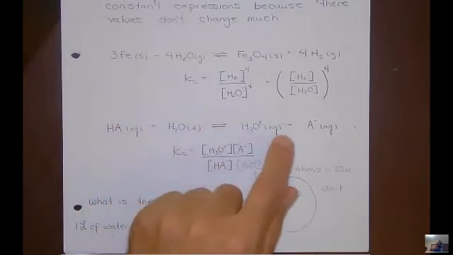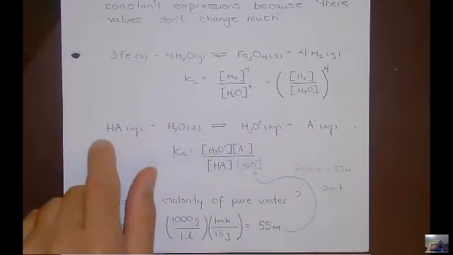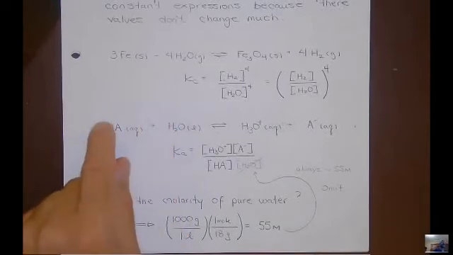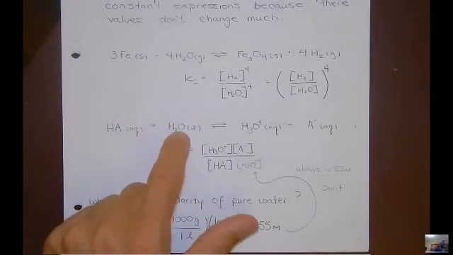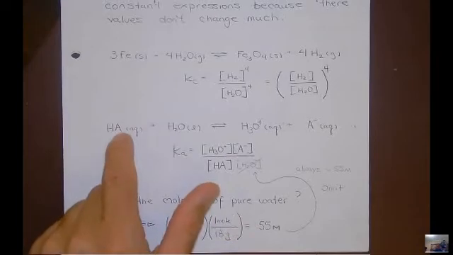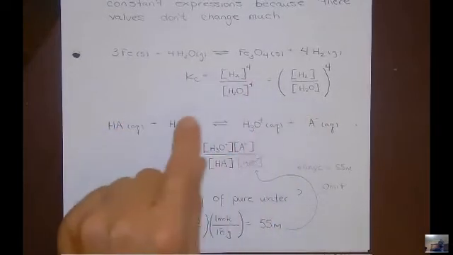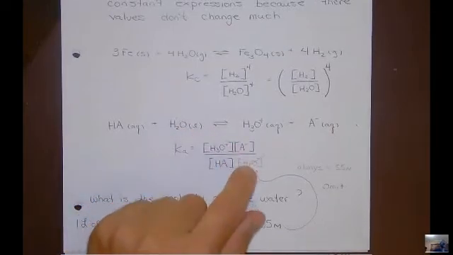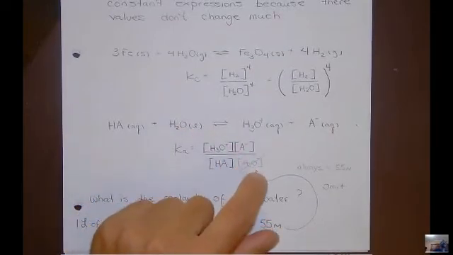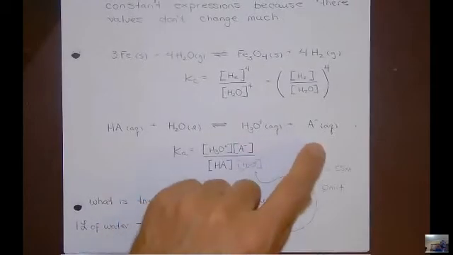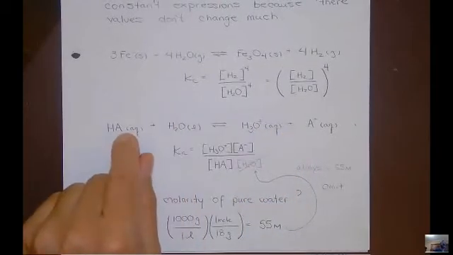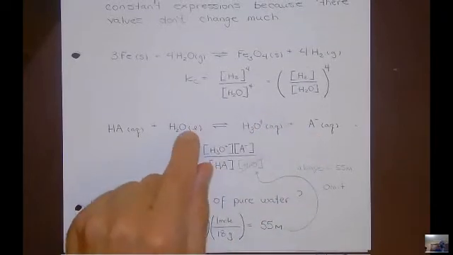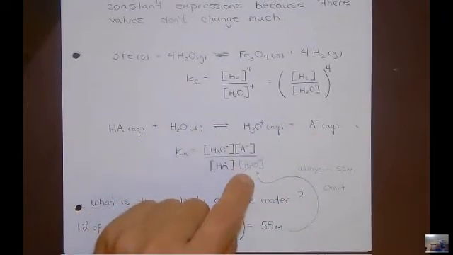So if this equilibrium occurs, no matter where you are on the equilibrium, this number is 55 compared to 0.1. So even if I use up all of the acid and it goes all the way to the right, this number is going to be 54.99 something. So it's hardly ever going to even move. No matter which way this equilibrium is going to go, adding a little bit of water or taking a little bit of water out isn't going to make any difference whatsoever.